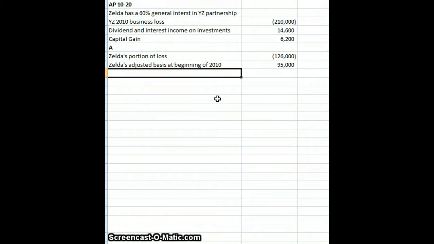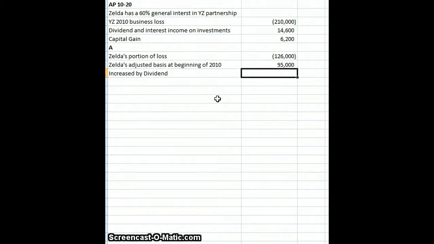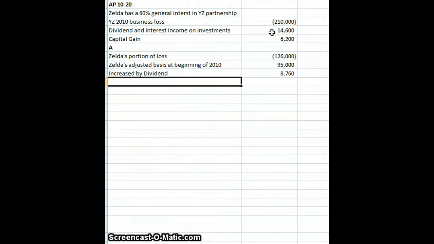We can have an increase, so we have different things that are going to increase it. So increased by our dividend and income on investments. So we're going to take that $14,600 times 0.6, so her 60% share, so her basis increases by $8,760 for that.